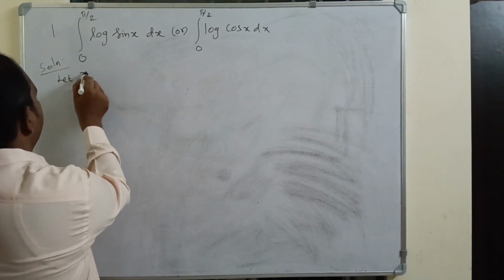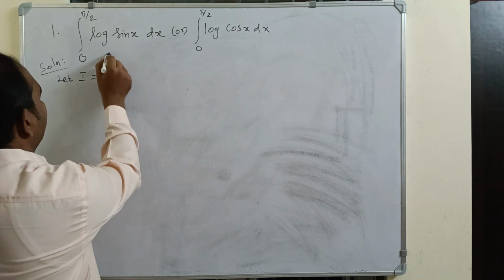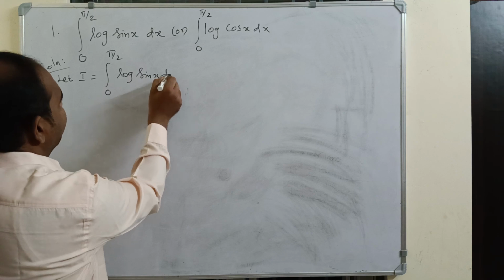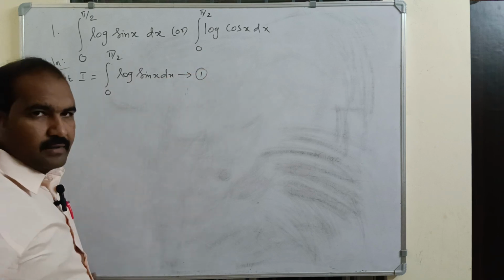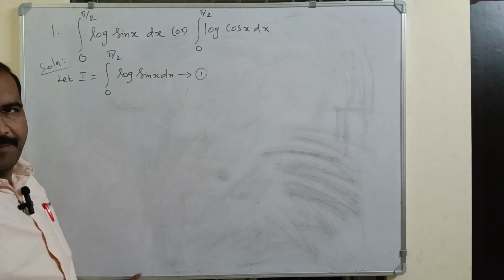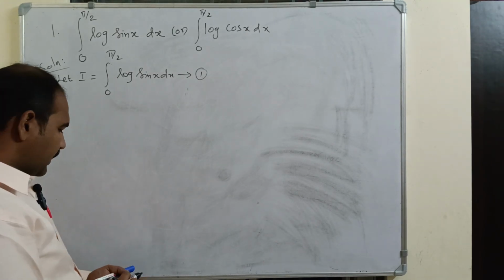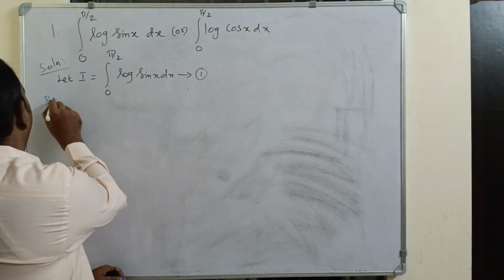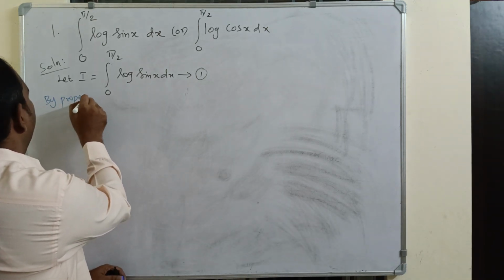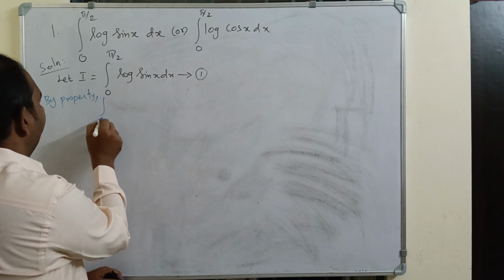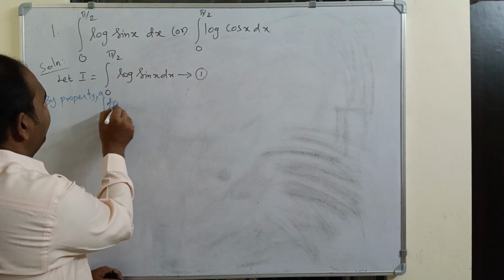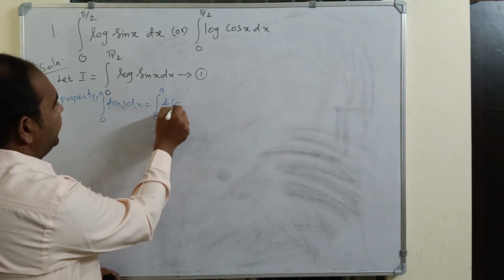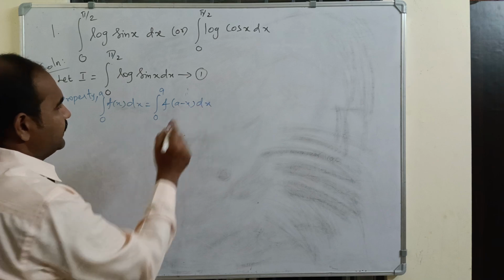Let us consider the integral I equal to 0 to pi by 2 log of sin x dx as equation number 1. Now we are going to apply the property: integral 0 to a f of x dx is equal to integral 0 to a f of a minus x dx.